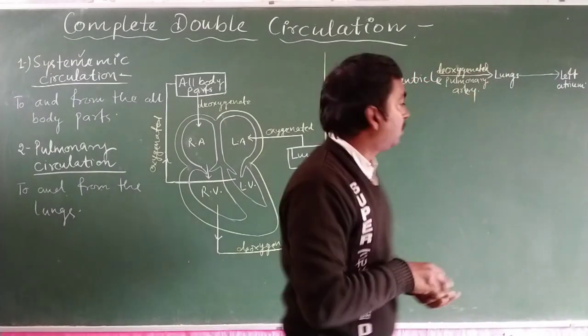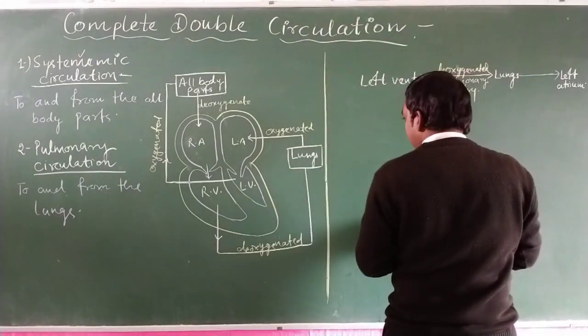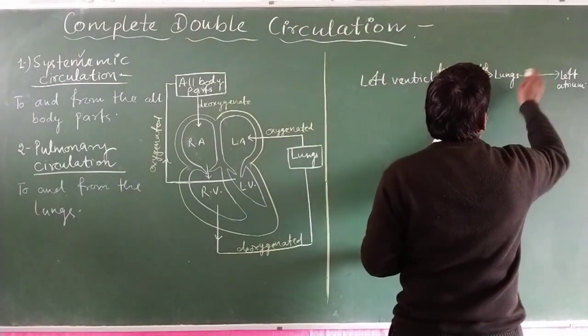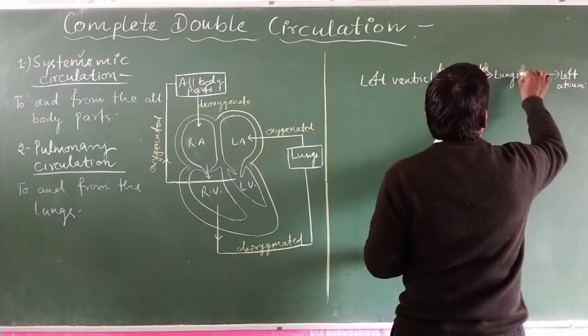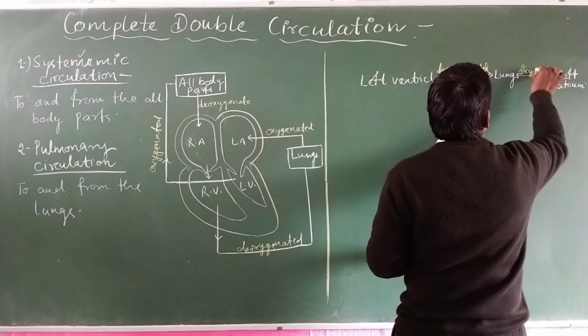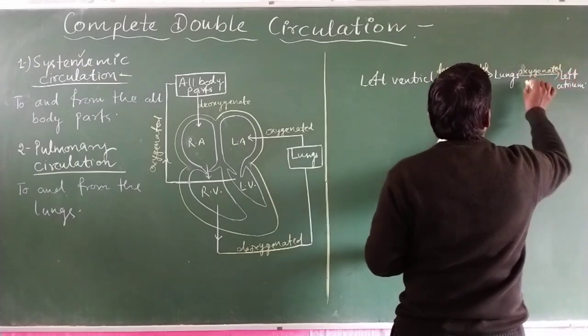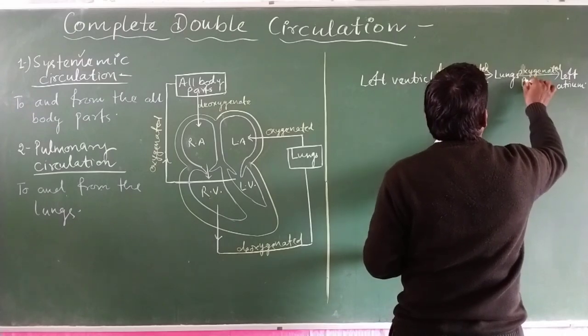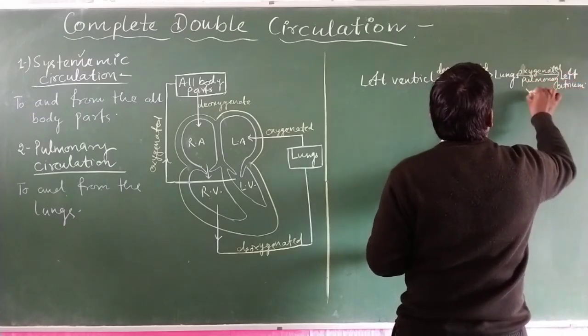In the left atrium the blood is oxygenated, and this oxygenated blood comes through the pulmonary vein.